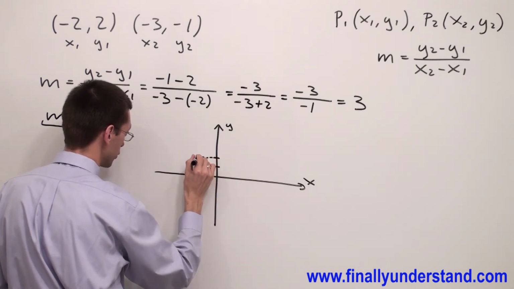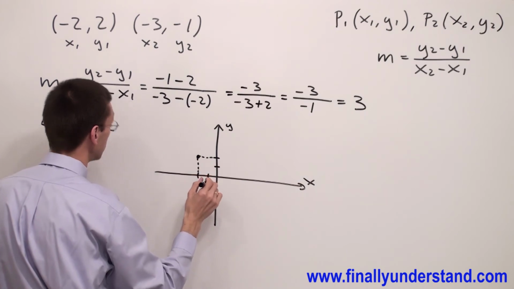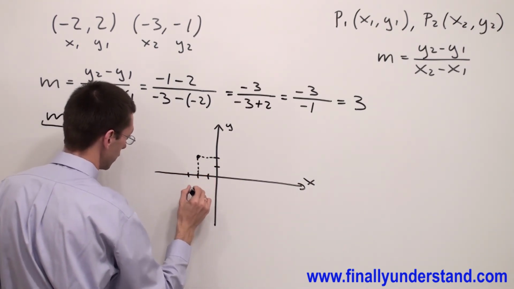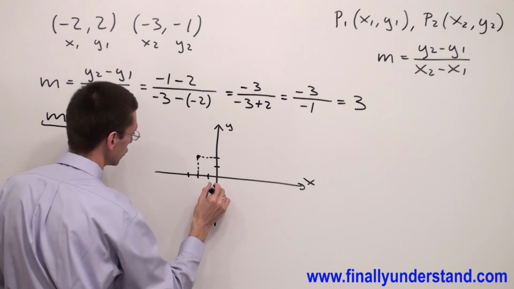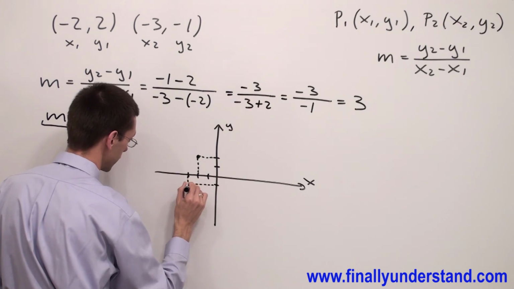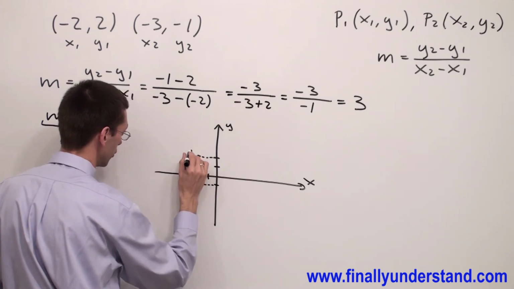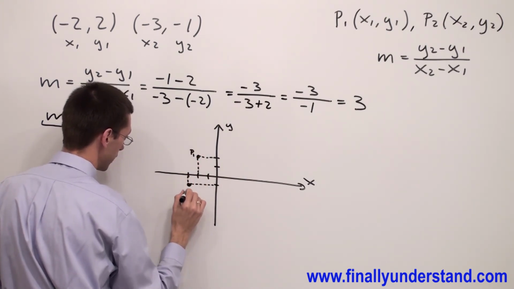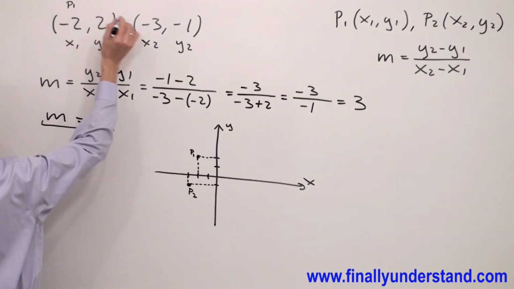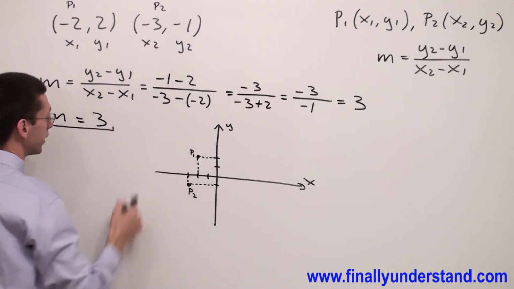Okay, this is my first point. And second point is minus 3 and minus 1. Okay, this is my second point. Let's call this point 1, and this is my point 2.